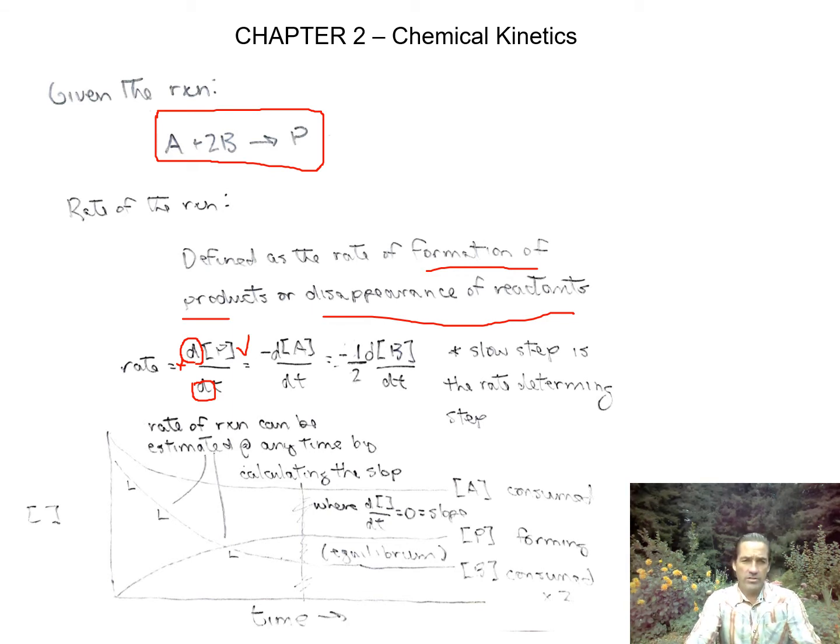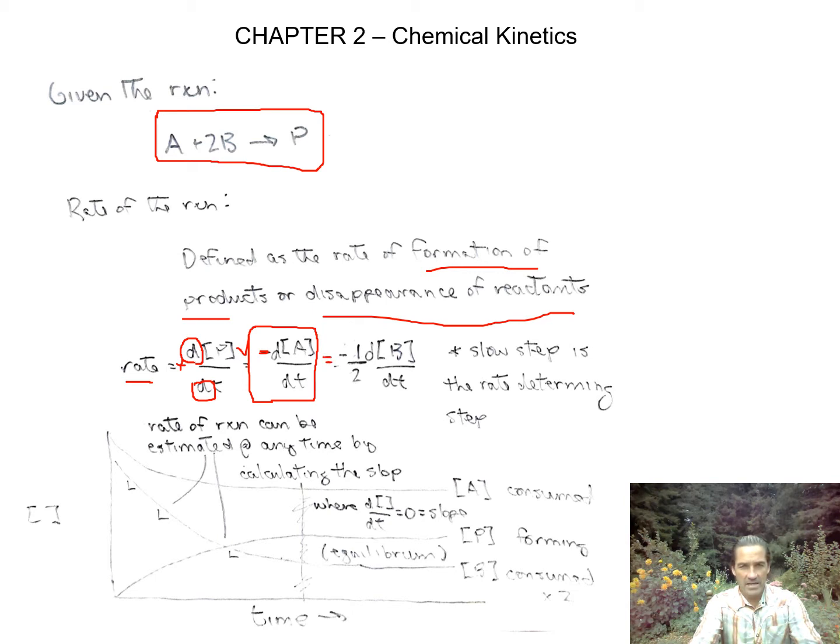But we could also write an expression for the rate in terms of the concentration of A. I can say that the negative here means the disappearance of A over the change in time. So that is also a way to write the rate in terms of the variables.